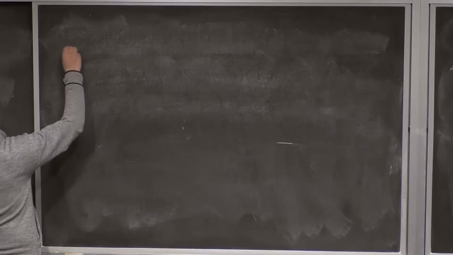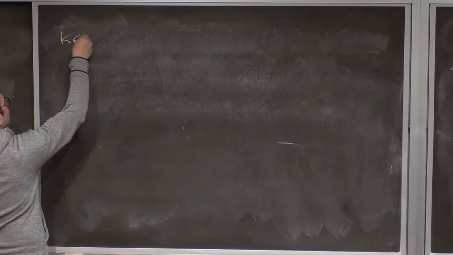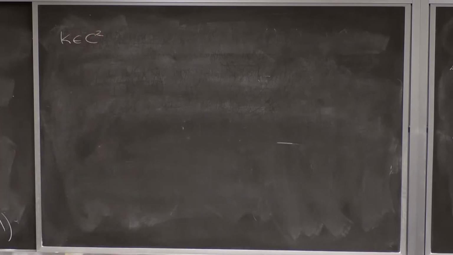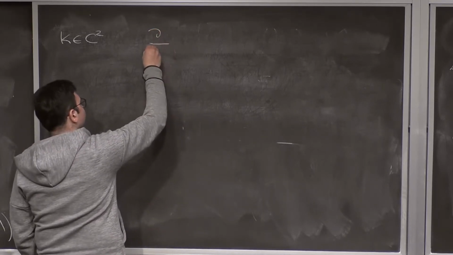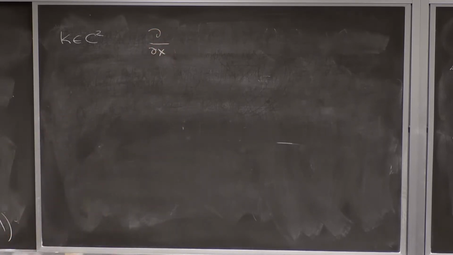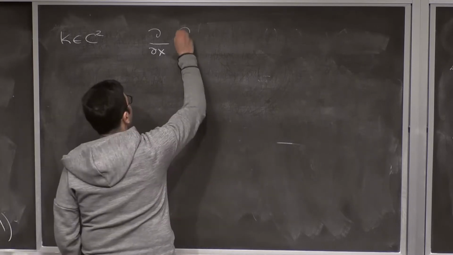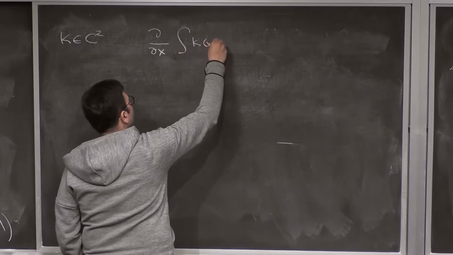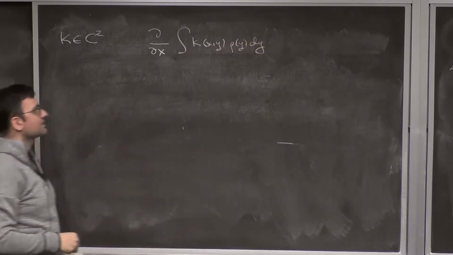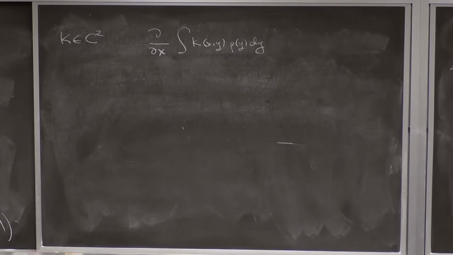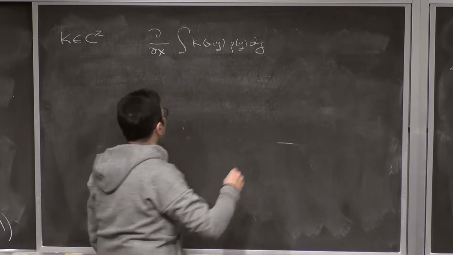So let's say K is C2, and then what happens is very similar to what happens for convolutions, right? So if we differentiate this expression in x, then the derivative falls on the kernel.